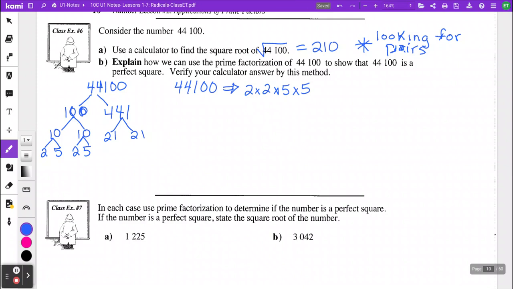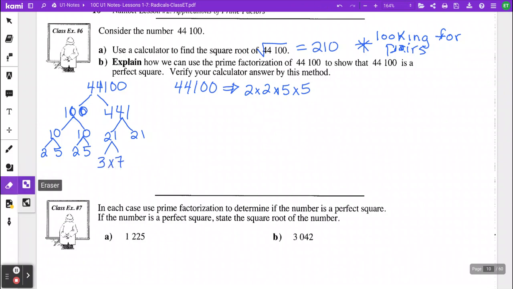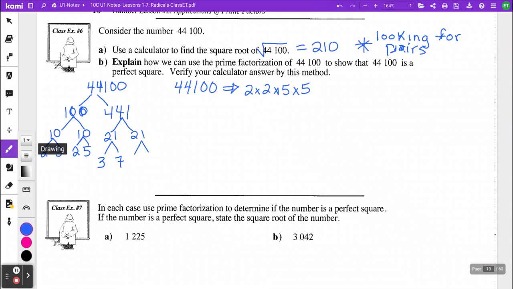That's 21s. So now I'm going to break these guys down. 3 times 7. And the other 21 will break down into the exact same thing, 3 and 7. So now I can add those to the end. Now the 3s are going to scooch in between the 2s and 5s.